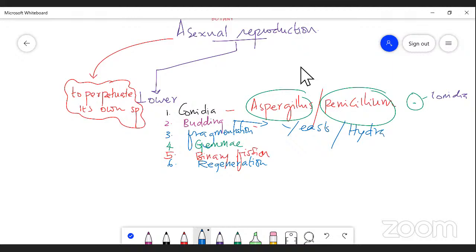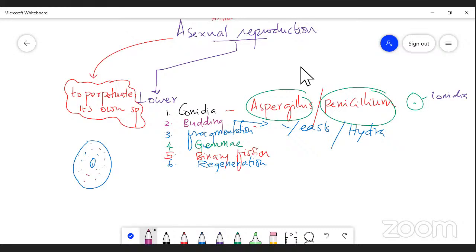There are two examples for the budding method. Now we draw the structure of a yeast cell.